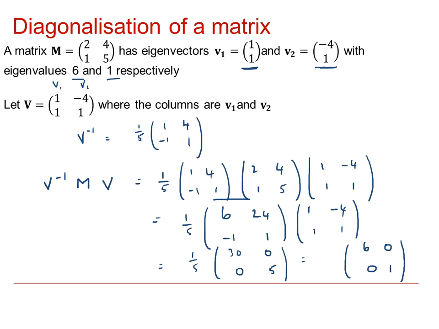Now if we go right back to the beginning, you'll see that this diagonal matrix has the eigenvalues 6 and 1 on the leading diagonal. And that's going to be true in general.